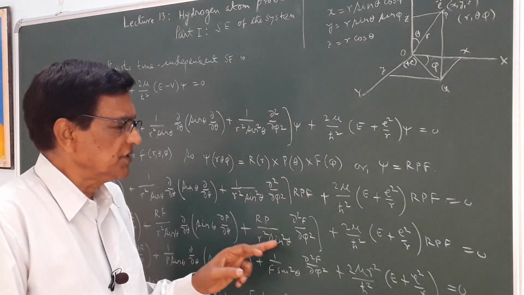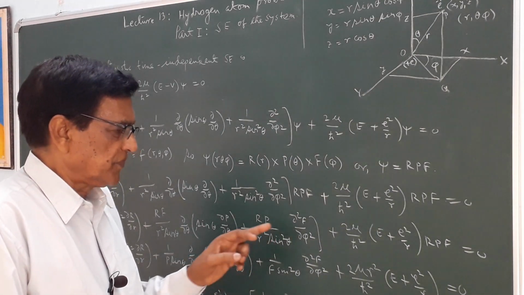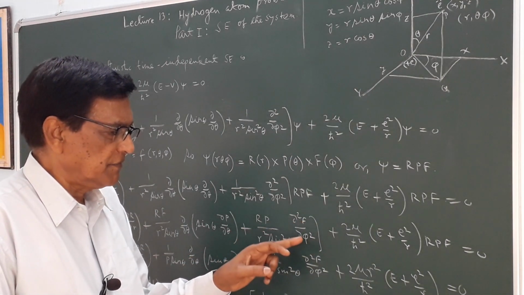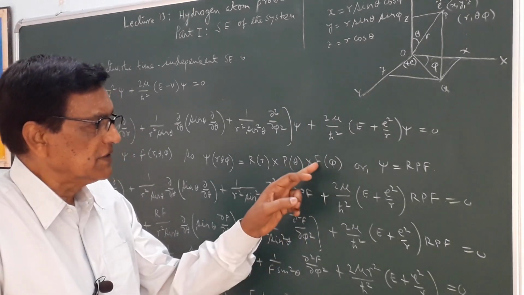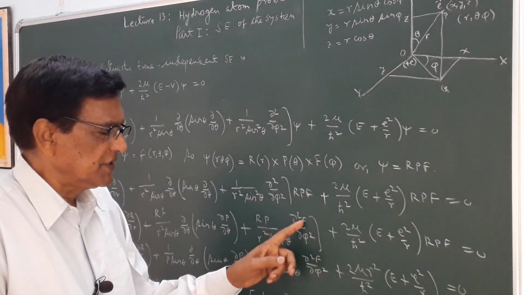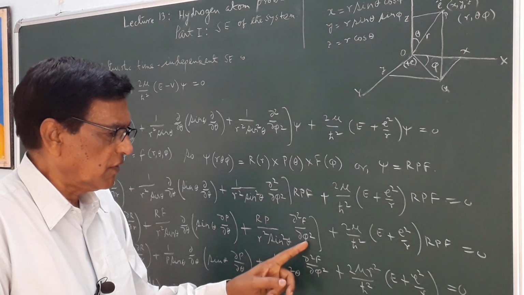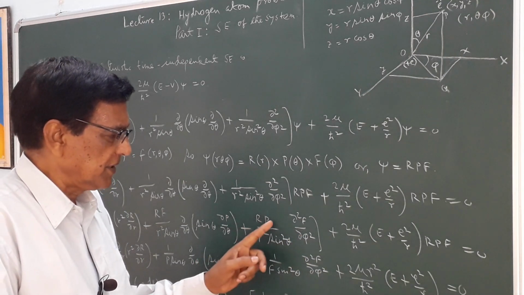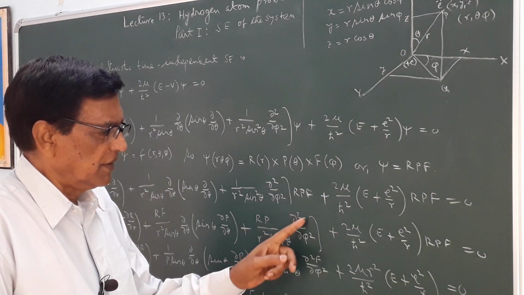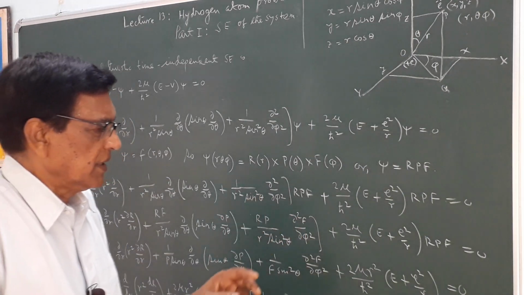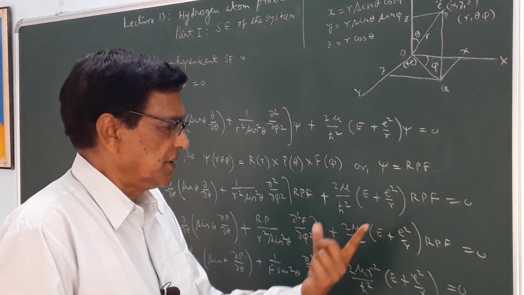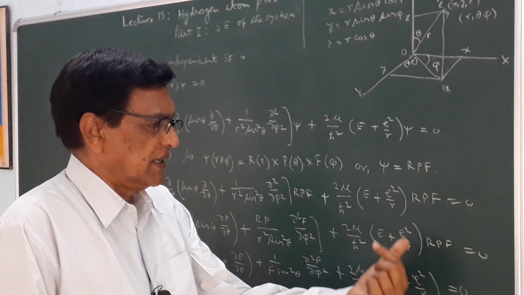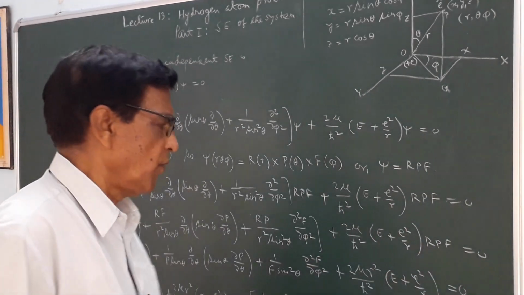Plus again for this case, F is a function of phi only. Differentiating F with respect to phi, RP is constant, and RP is taken out, and del square F by del phi square, plus this one remains the same, and here PF equal to 0.